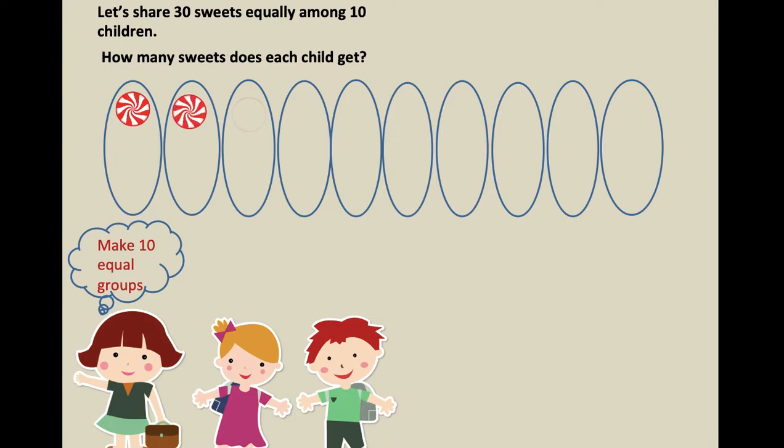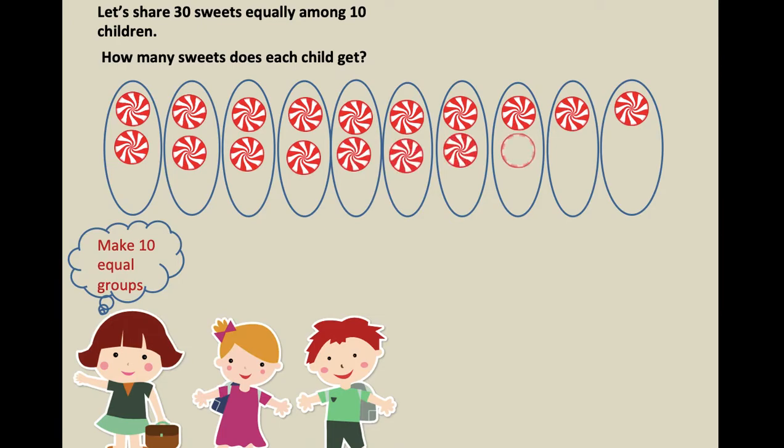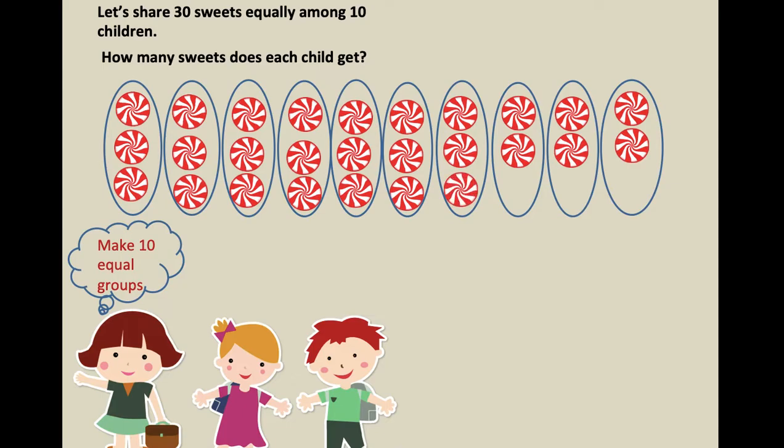2, 3, 4, 5, 6, 7, 8, 9, 10, 11, 12, 13, 14, 15, 16, 17, 18, 19, 20, 21, 22, 23, 24, 25, 26, 27, 28, 29, and 30.